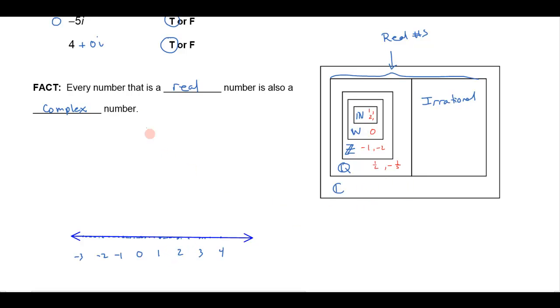We have this other set of numbers, and if I were to draw another axis going up through 0 here, then I could call this the imaginary axis.